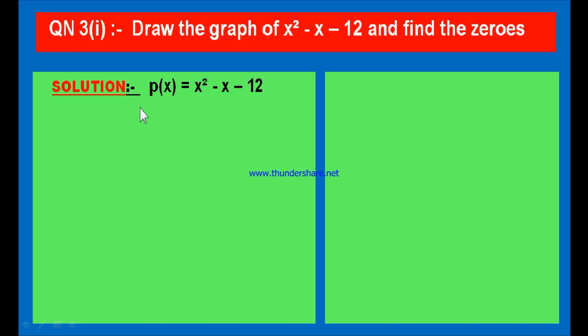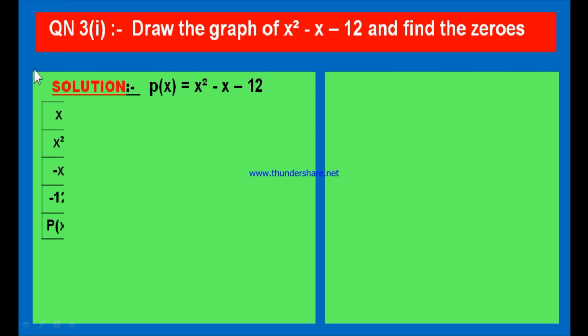In order to get the table, we have to consider x value, then x square value, minus x value and minus 12. If we add x square, minus x and minus 12, you will get p of x value. Understood?